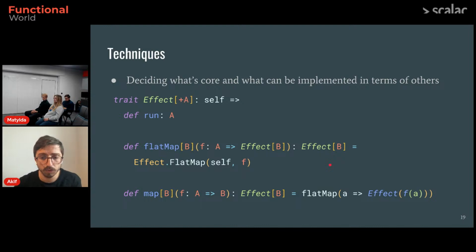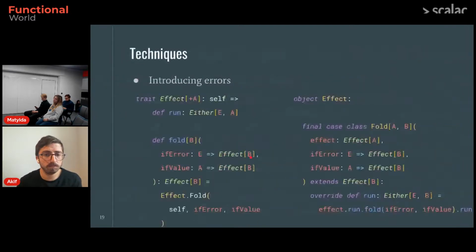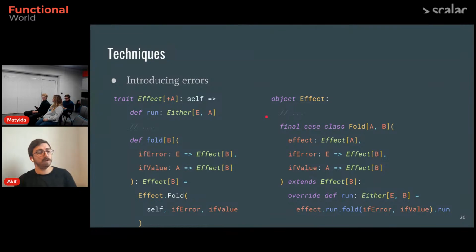And here what I do is I am implementing this map, which has this signature. It's just converting A to B, not A to another effect of B. So I am actually reusing flat map here, and the lambda function I give it is this. It is from A, and I am using given F here to get a B, and I am building another successful effect from that, because that's what flat map expects me to do. So that's one more technique.